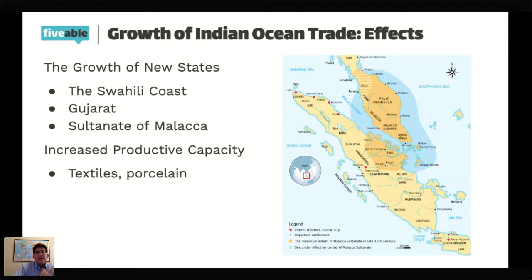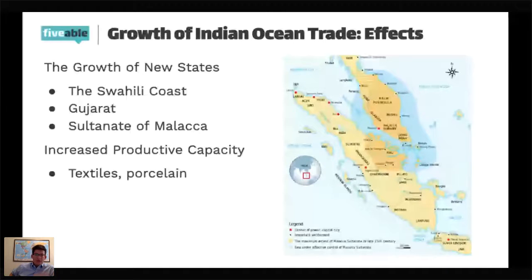Of course, another effect of the growth of this Indian Ocean trade was simply increased productive capacity, is what we call this, meaning that more goods are being made in the Indian Ocean to be traded throughout the Indian Ocean, right? So as the demand for these goods comes about, we see more textiles being produced, cotton textiles being traded.